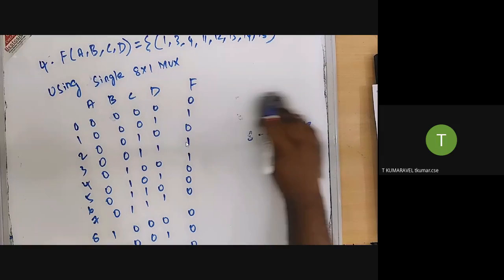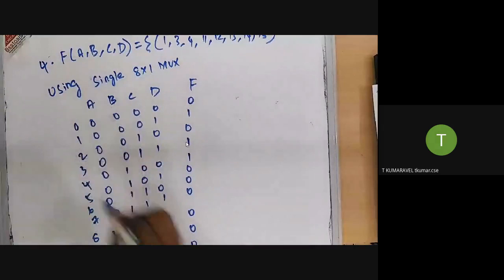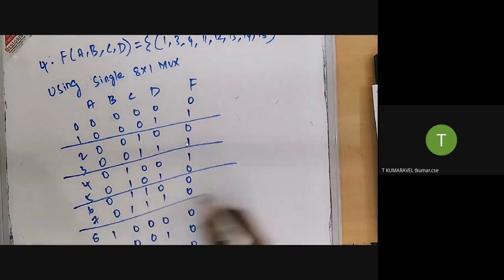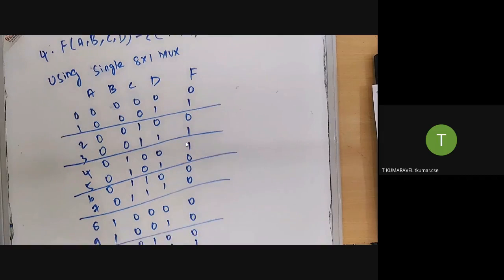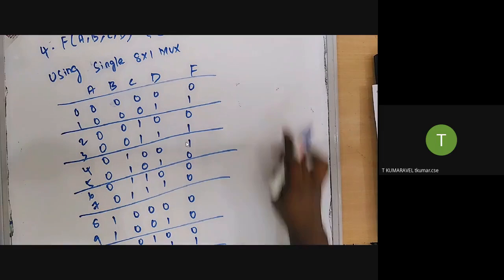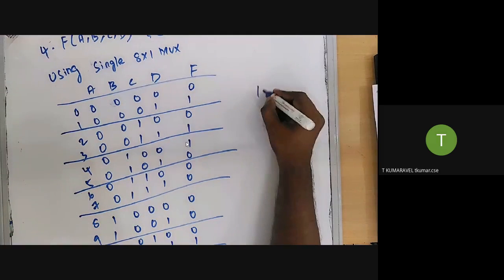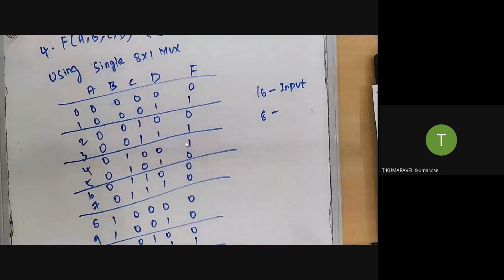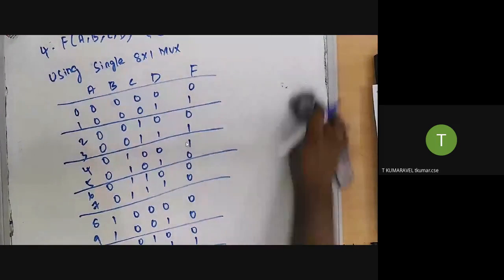I'm going to form groups of size 2: this is one group, this is another group, this is a third, this is a fourth, and so on up to 7. Why do this? I have 16 inputs, but my multiplexer accepts only 8 input lines, so I'm going to perform grouping.